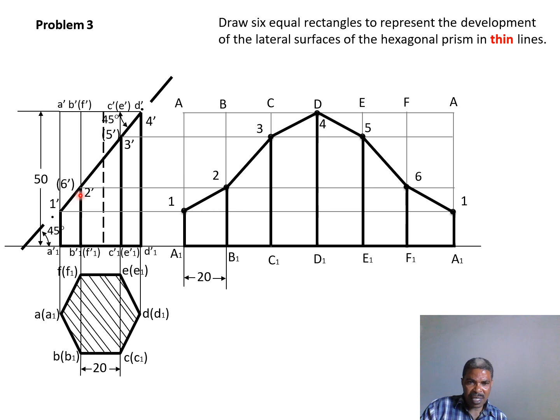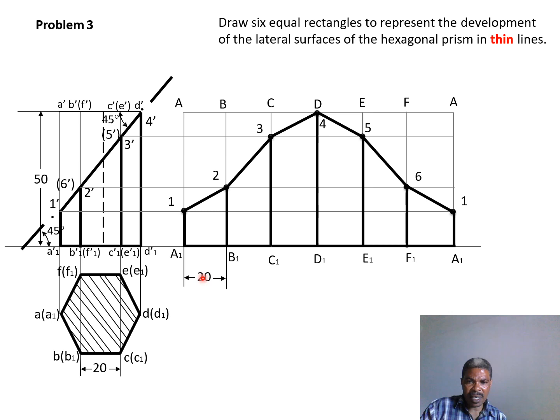So from 1, it comes to be 2. Our 2 is here, followed by 3 here, and the maximum is 4 here. Again it goes down, which in line with 3 is 5, in line with 2 is 6, then back to point A, which is 1.